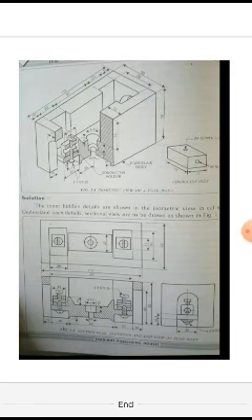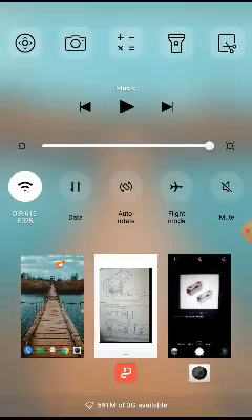To understand this, we'll take help of what we are going to do now. Just see here, this is a body. Now, if I take a cubical shape, I am drawing one cube.